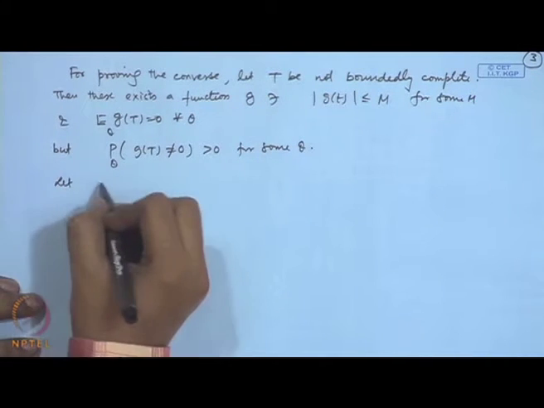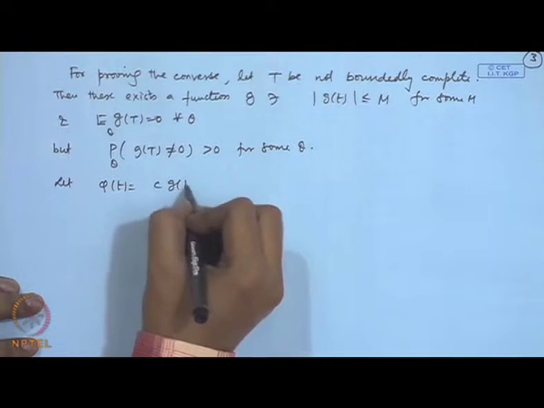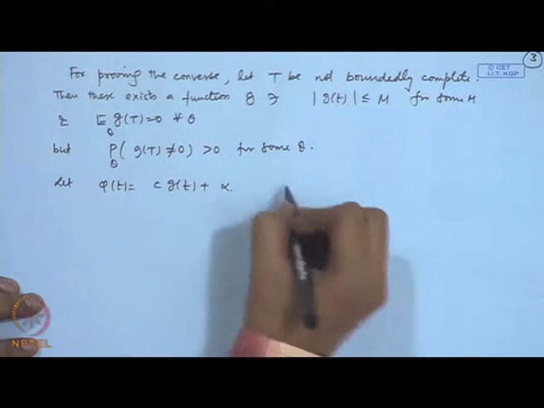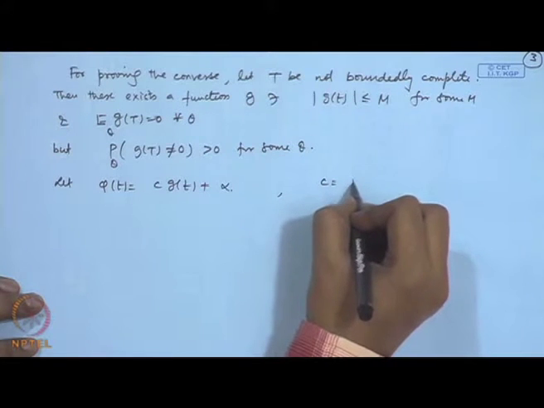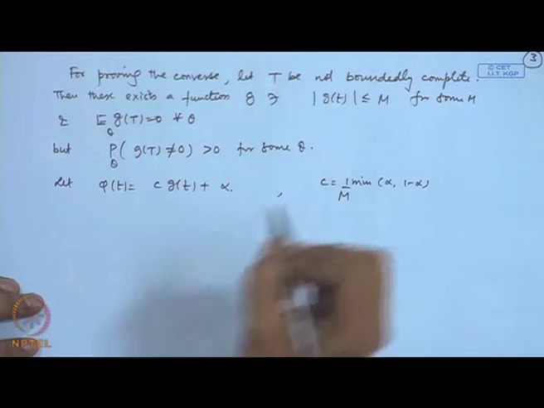Now, let us assume this phi t to be equal to a constant c times g t plus alpha, and here I am choosing c to be minimum of alpha and 1 minus alpha, divided by m.